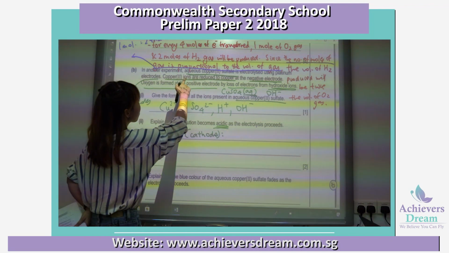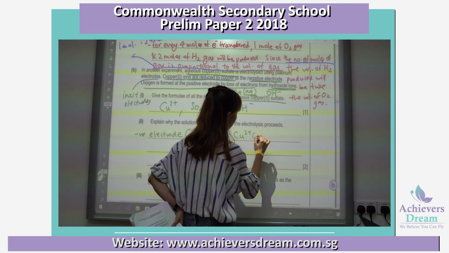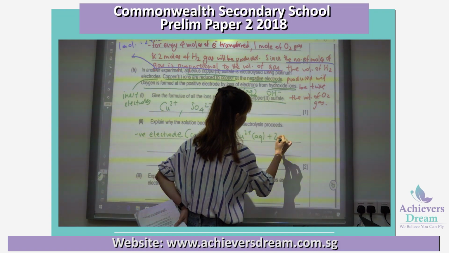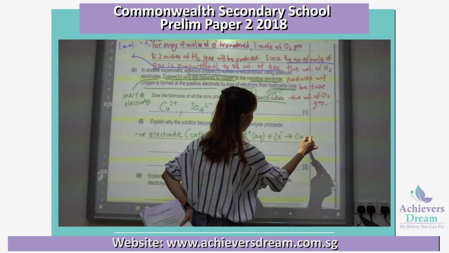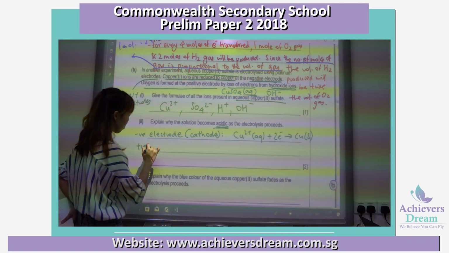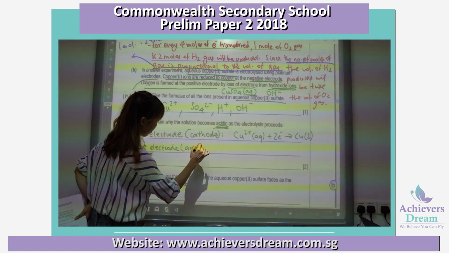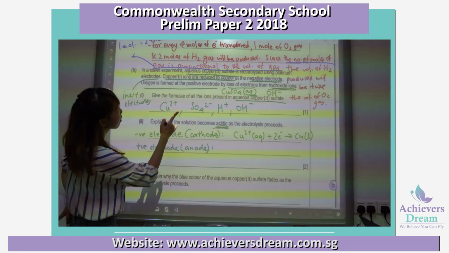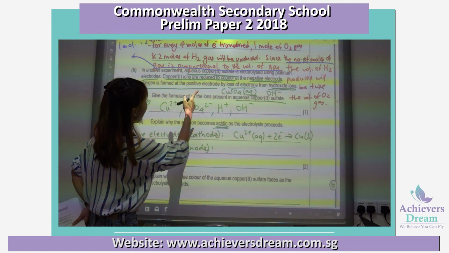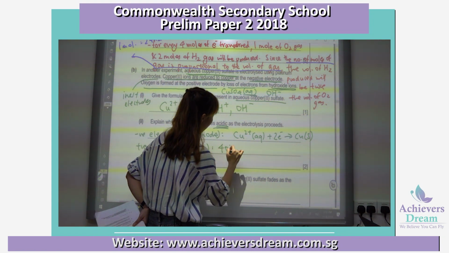It says that copper 2 ions are reduced to copper. So Cu2 plus plus 2 electrons to form Cu(s). Then at a positive electrode, which is your anode, your oxygen is formed by loss of electrons from hydroxide ions. So again, 4OH minus.